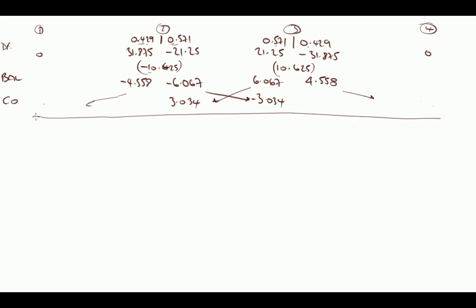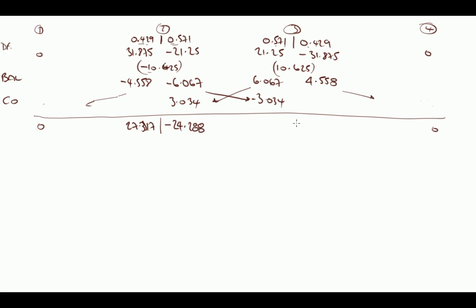Okay, so we now can sum all those values. We've still got 0 here, obviously. We have 31.875 minus 4.558, which gives us a value of 27.317, and so that's minus 21.25 minus 6.067 plus this carryover moment 3.034 gives us a total of 24.288.